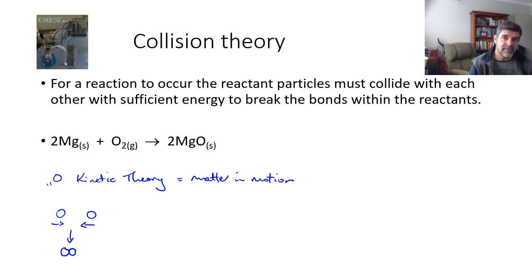To understand the factors that affect this, we need to keep in mind not only the fact that the particles are in motion, but also the fact that they need to collide, and when they collide, they need a certain amount of energy in order to react.